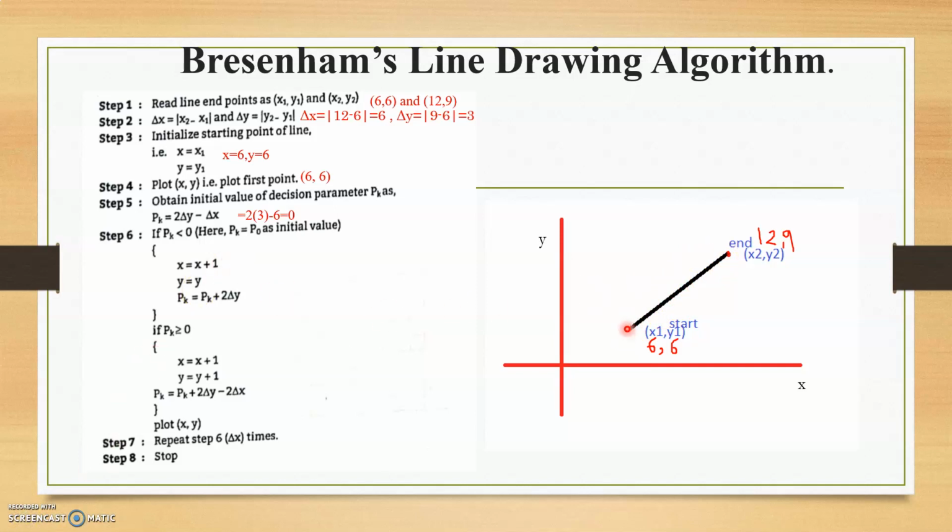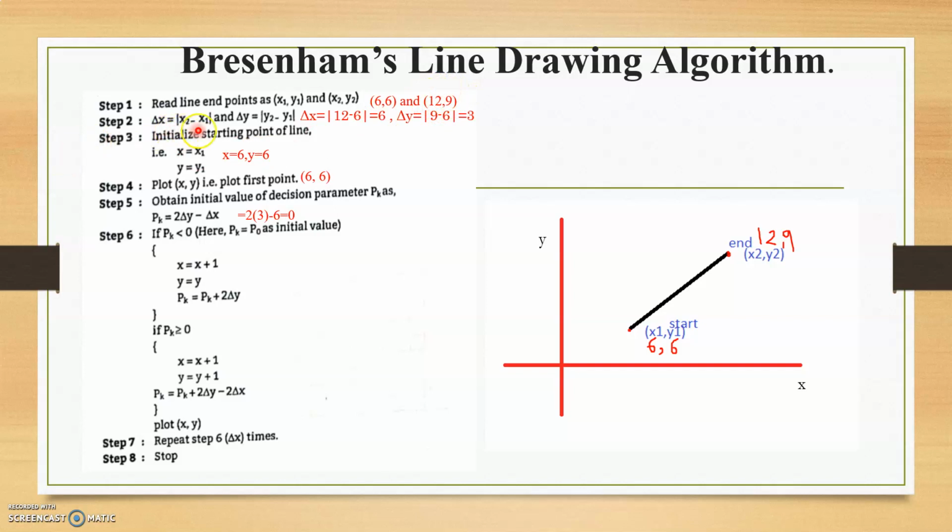We know the point 6, 6 and we have to reach the point 12, 9, so we apply this algorithm to find the intermediate points.